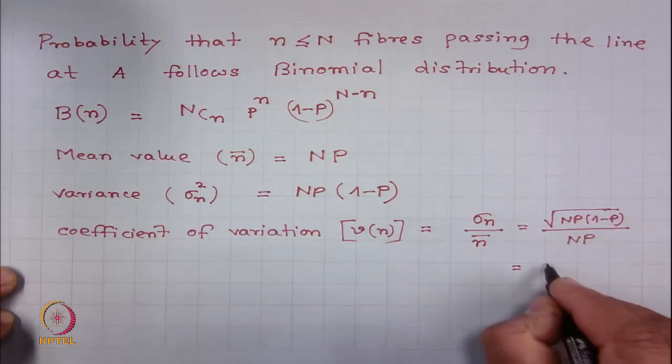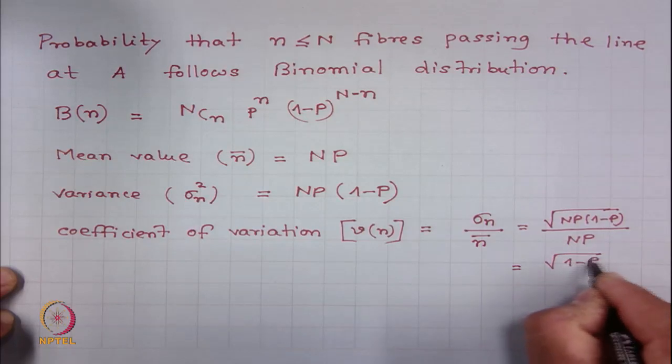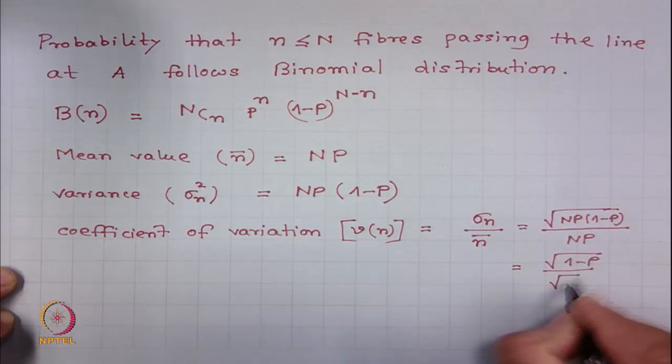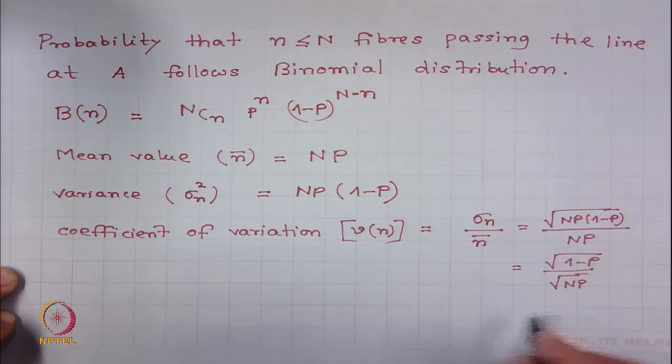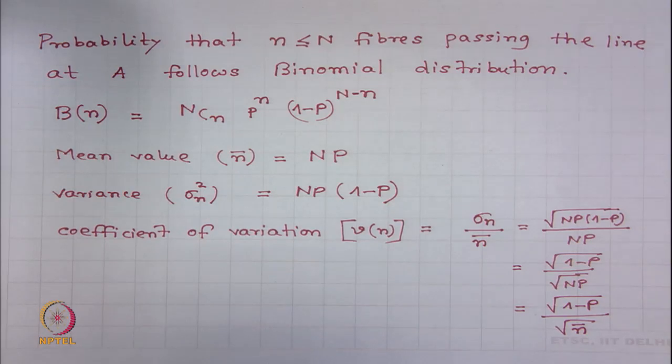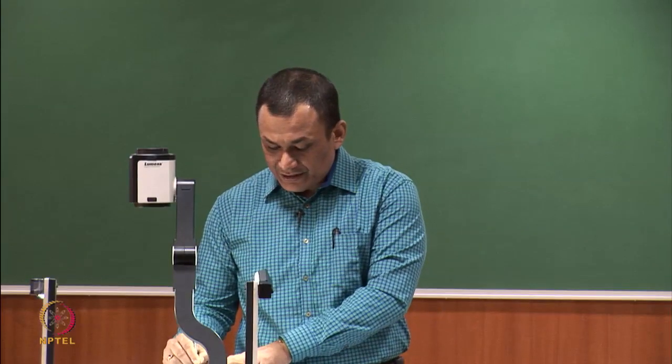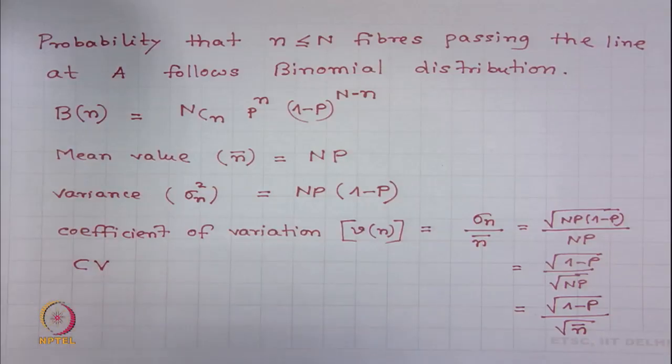So, root over 1 minus p by root over n p. Further, we can write root over 1 minus p by n p as n bar, right. By the way, we often abbreviate coefficient of variation by C v. So, C v stands for coefficient of variation.